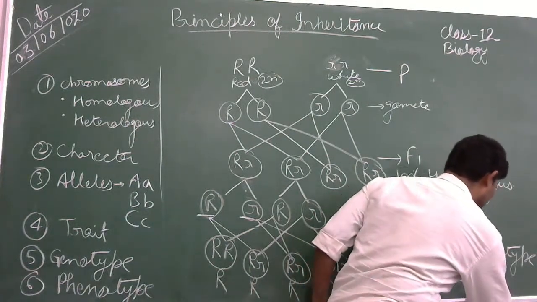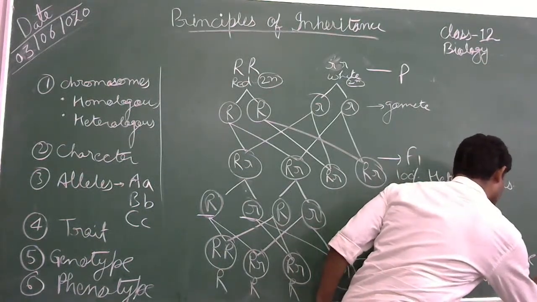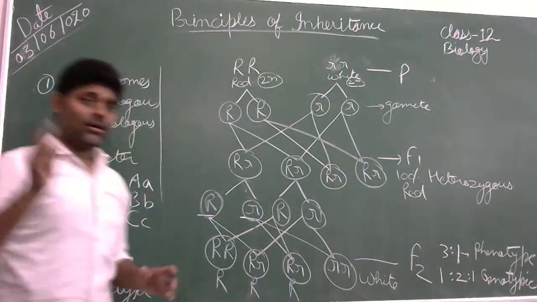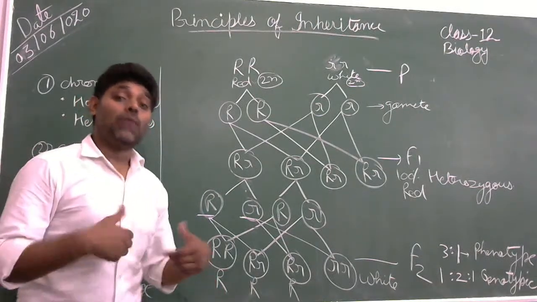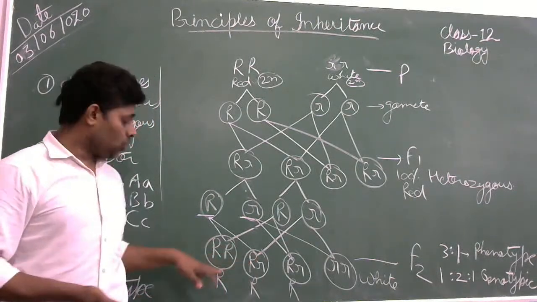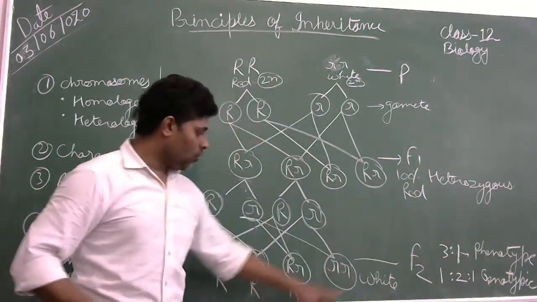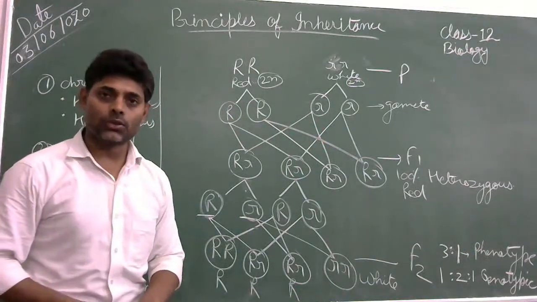So this is the genotypic character. Once again, if we are considering the morphological characters, so red, red, red, 3 red, 1 white, so the ratio is 3 is to 1. This is the phenotypic ratio, right?